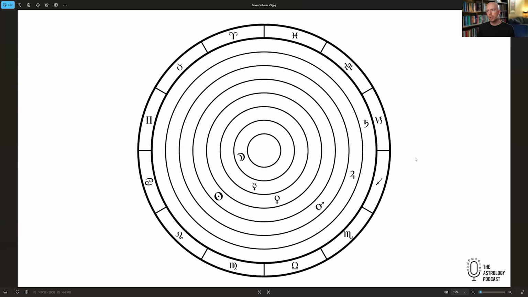And the sphere of the fixed stars, of course, would be separated into the 12 different segments of the zodiac, which is like Aries, Taurus, Gemini, Cancer, Leo, etc. And when you do that, what you end up with is a model of the cosmos where the planets are not just arranged according to their distances and their speed and their closeness or distance from Earth, but the planets are also arranged according to the sign of the zodiac that they're in as well.